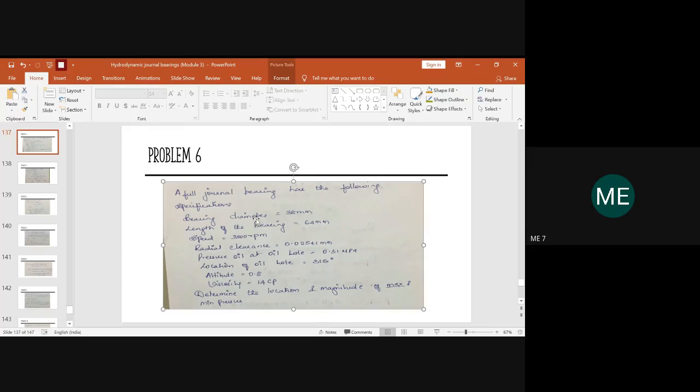Please take down: the bearing diameter is 38 mm. Everyone note down the data. Are you people taking it down? Kindly respond. Yes, ma'am. I need a response when I ask, or else how will I know whether you people are there or not? Please take down the bearing diameter is 38 mm.